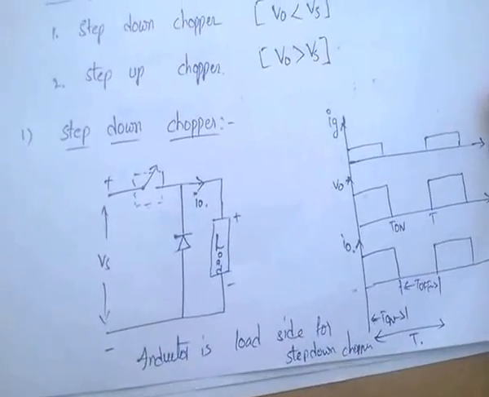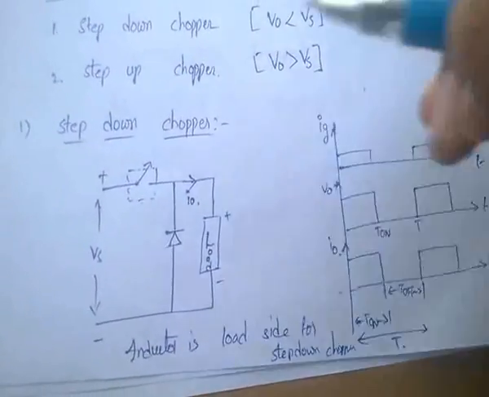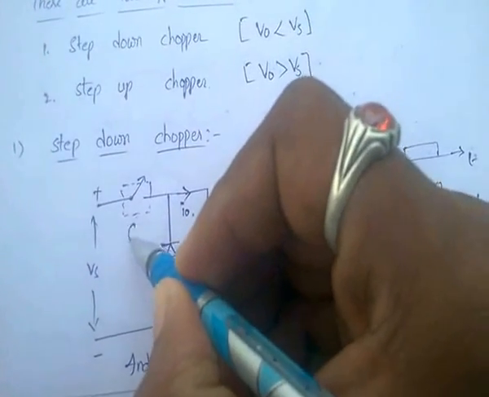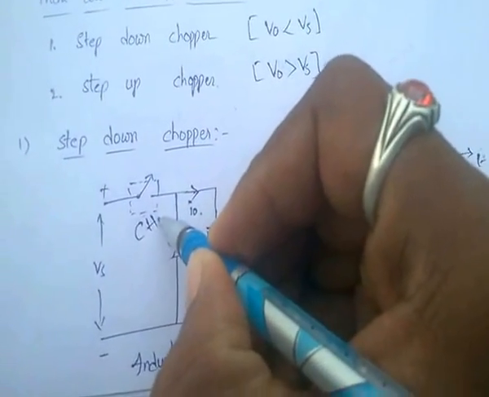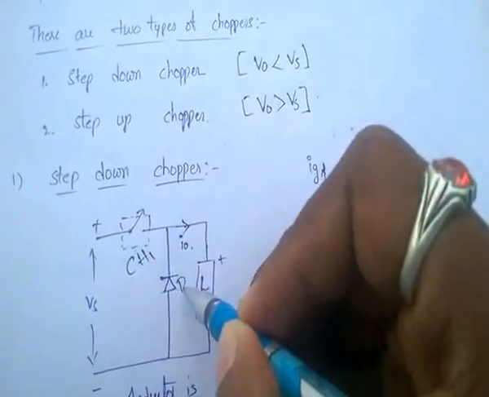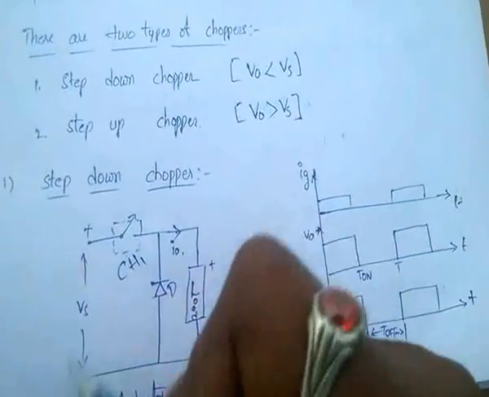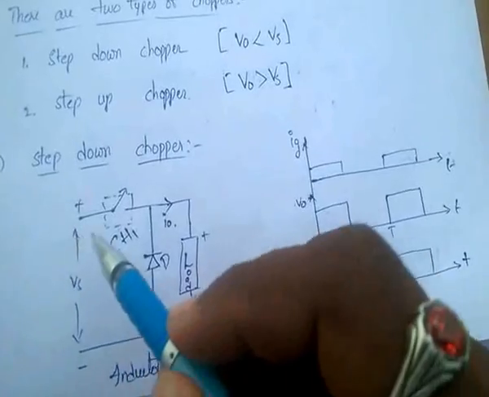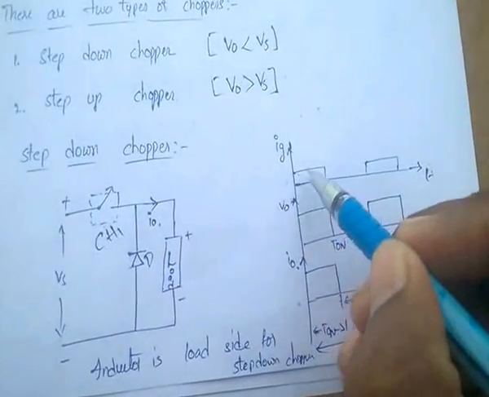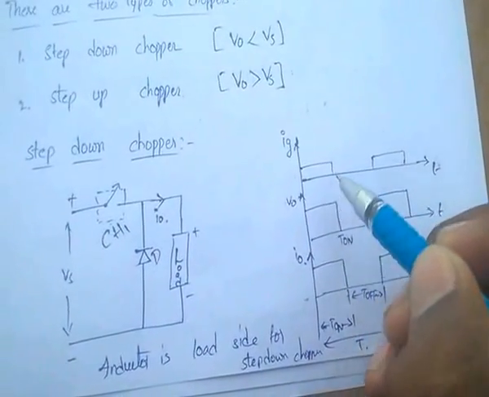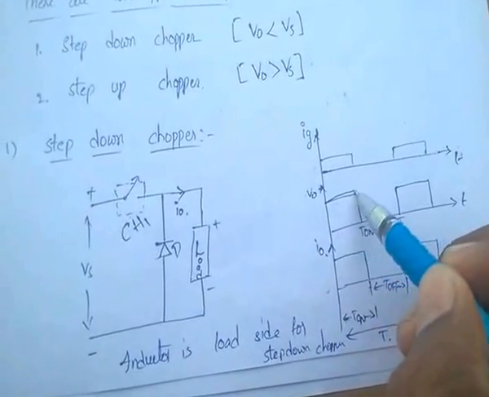Coming to step down chopper, here it is a power electronic switch, nothing but a chopper, and it is a diode, and it is the load, and we have given a DC supply. Whenever the switch is in on condition, we can get the output.